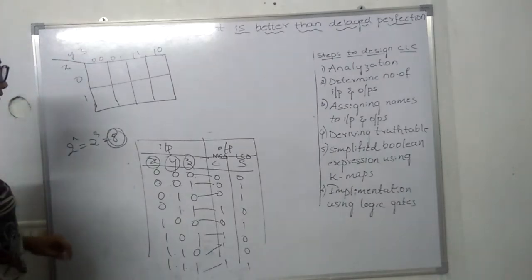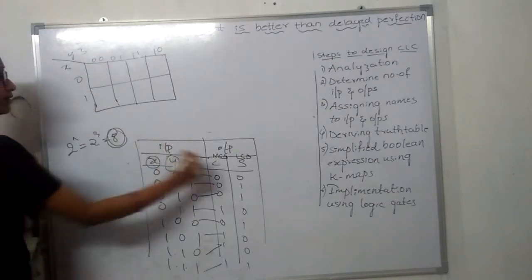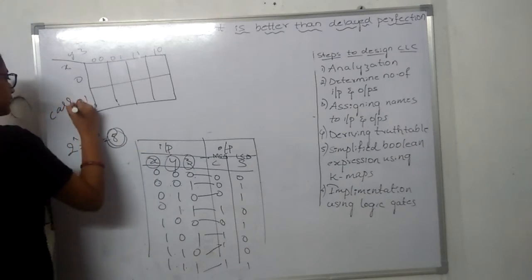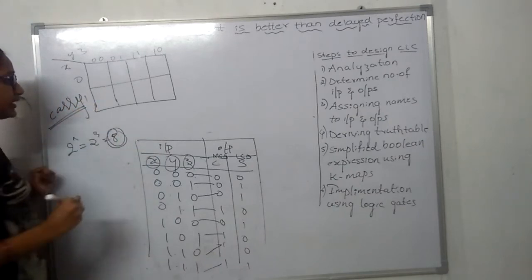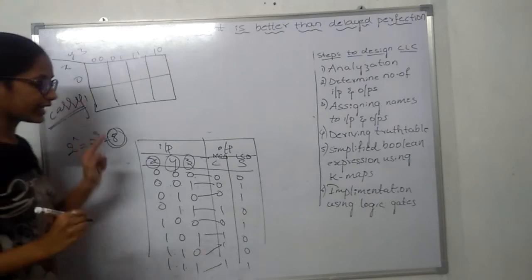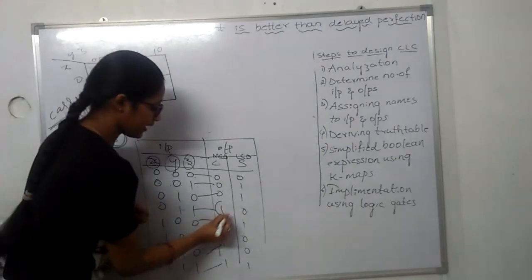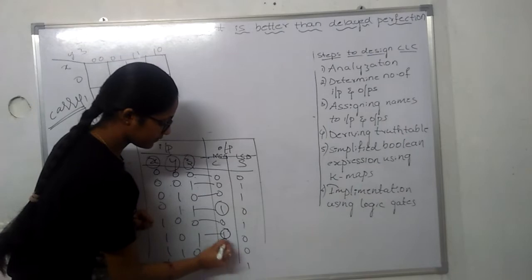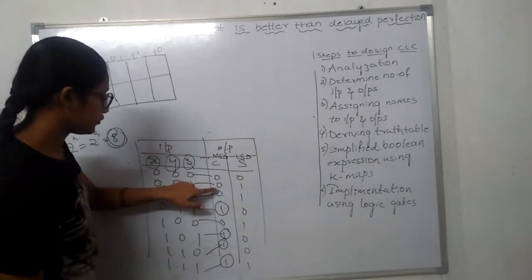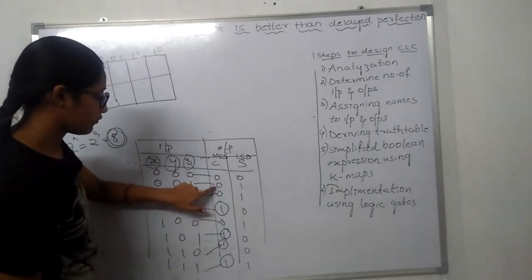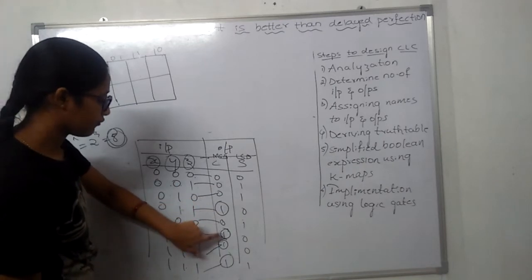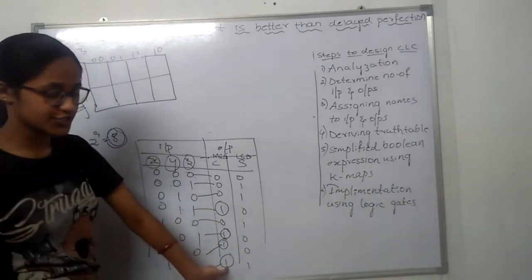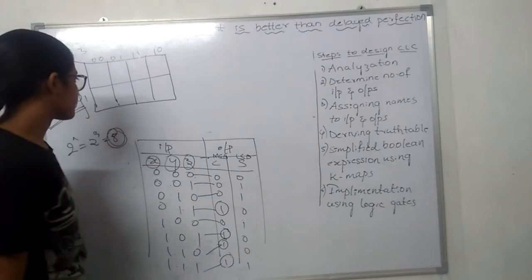And then see, I am drawing for the carry. First I am going to get the Boolean expression for carry. For carry, which positions have ones? Positions 3, 5, 6 and 7 have ones.